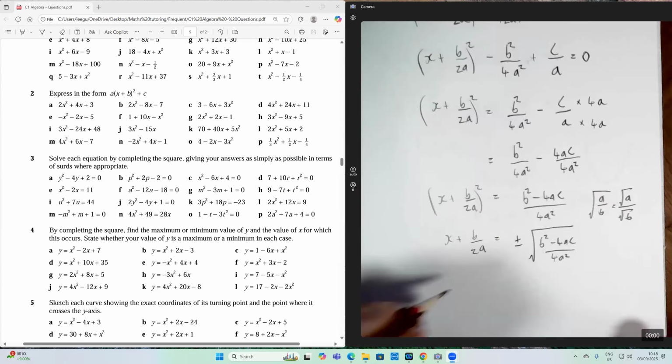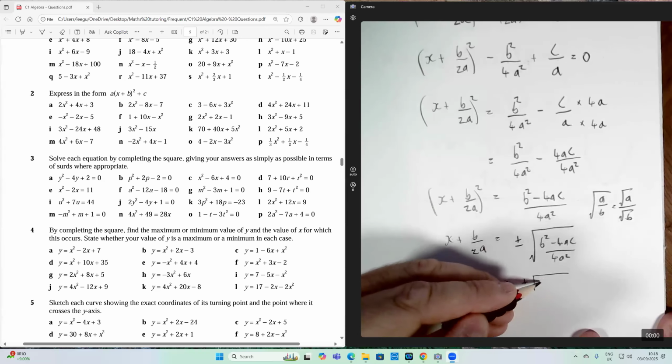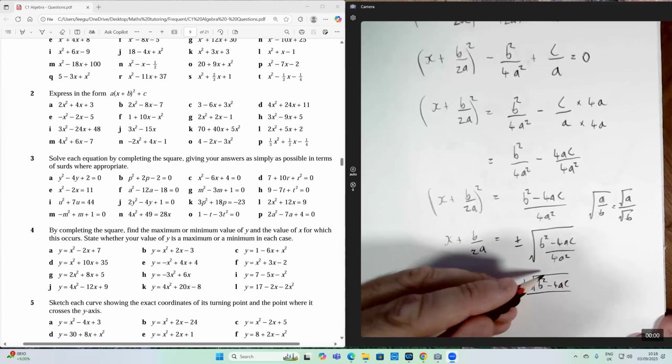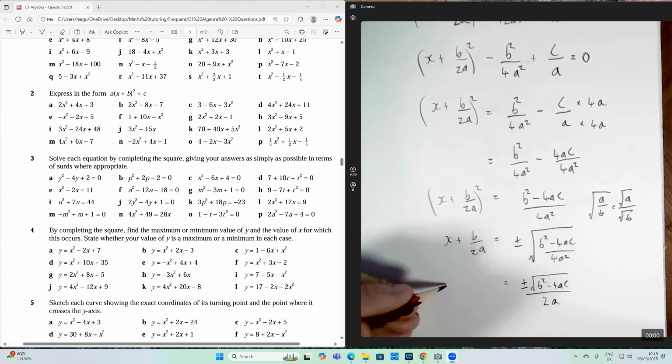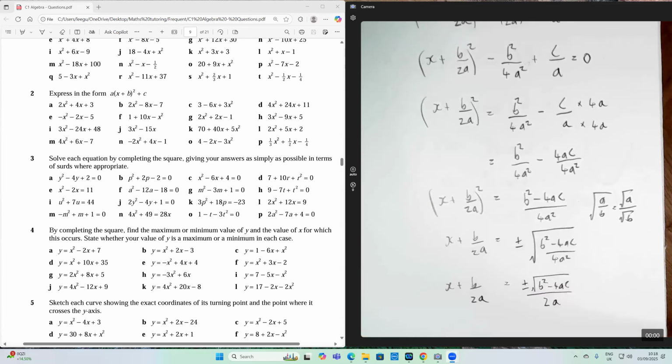And what that means is I can think of this now as plus or minus the square root of b squared minus 4ac all over the square root of 4a squared, which is 2a. And you can see it's starting to look even more like the quadratic formula now.